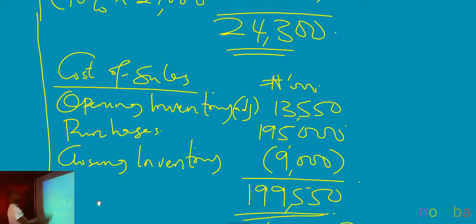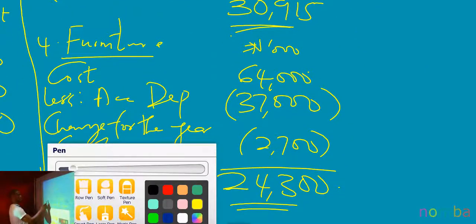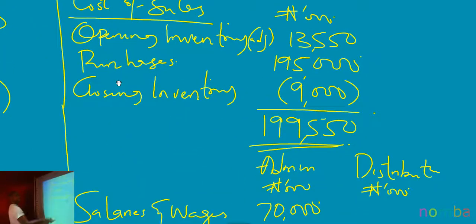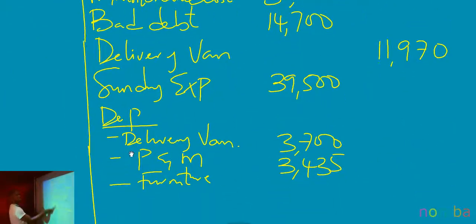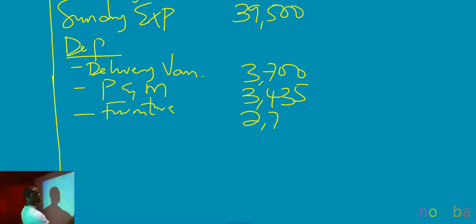Then the furniture, the charge for the year for the furniture, we have it here as 2,700.